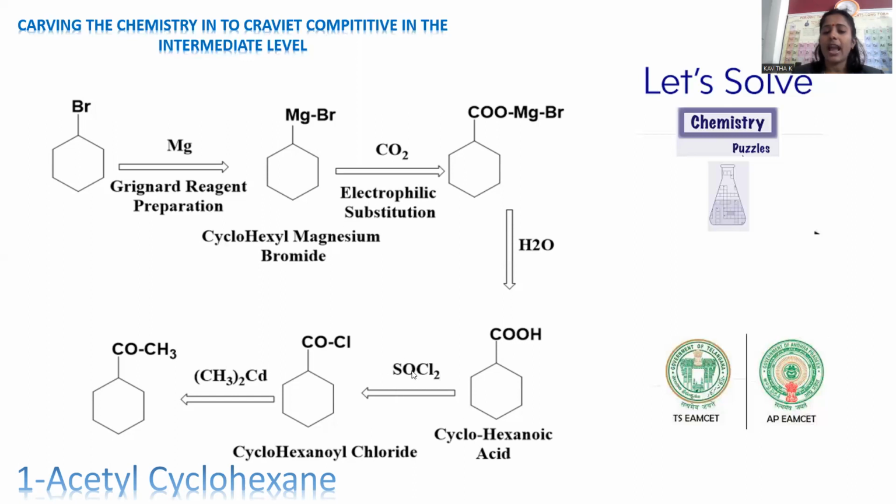Cyclohexanoic acid is treated with the halogenating agent SOCl2, called thionyl chloride. The acid is now turned into an acid derivative called acid chloride, that is cyclohexanoyl chloride. Cyclohexanoyl chloride is treated with the alkylating agent, that is dimethyl cadmium, which is able to replace chloro with a methyl, and the final product will be 1-acetyl cyclohexane.